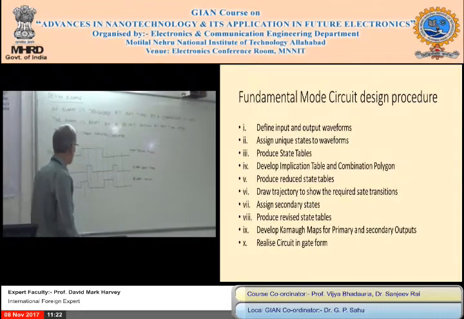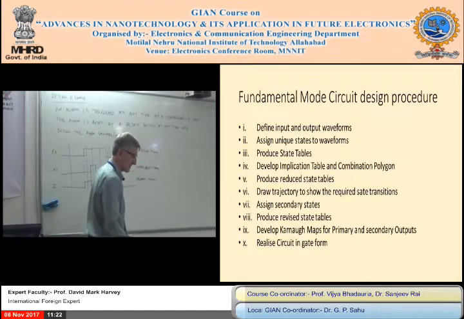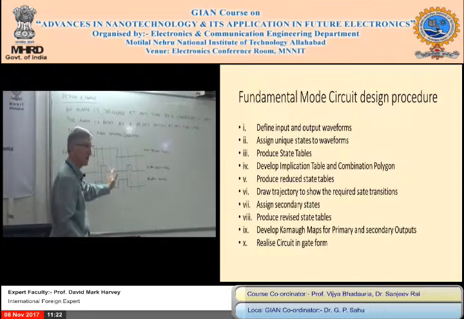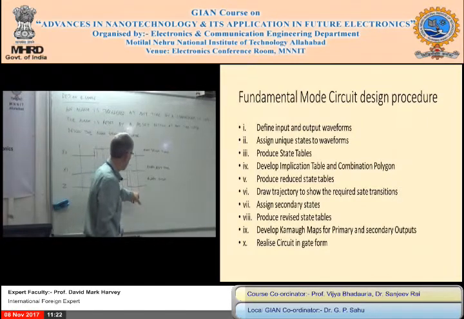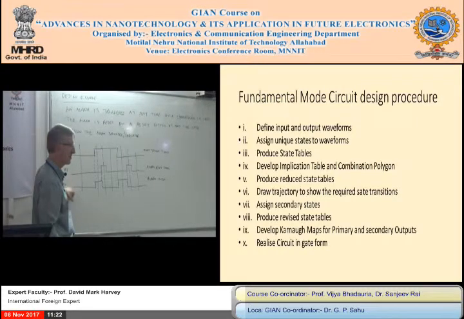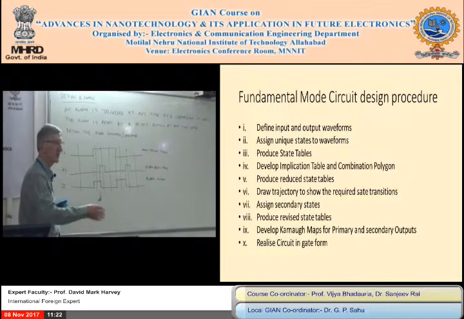So 1, 2, 3, 4, 5, 6, 7 level changes, and the last one takes us back, if you look at the signals, to the initial conditions 0, 0, 0. Two knowns on the input, a zero on the output. So then the system can repeat.